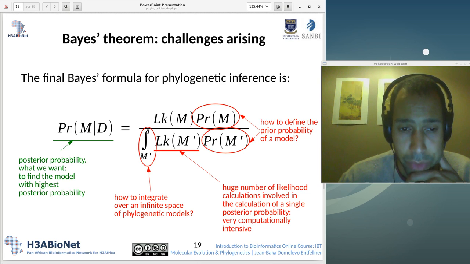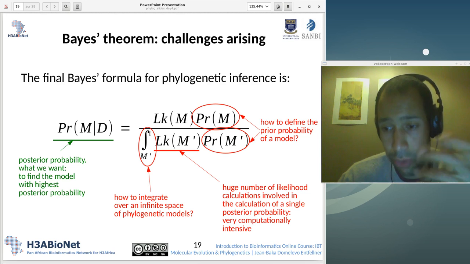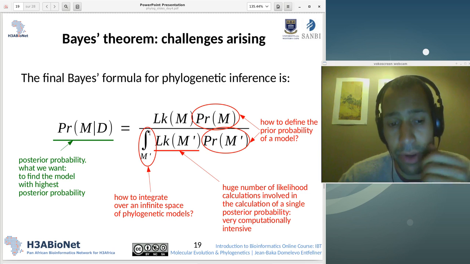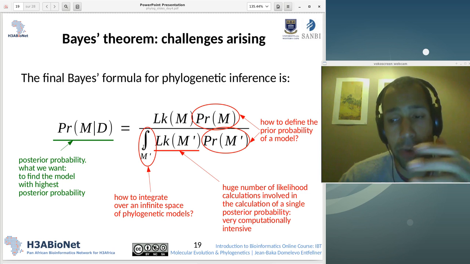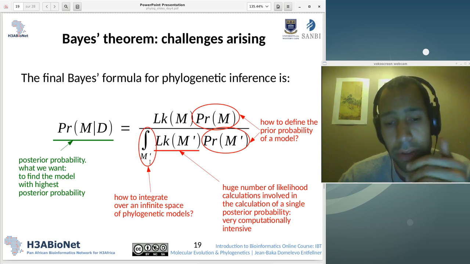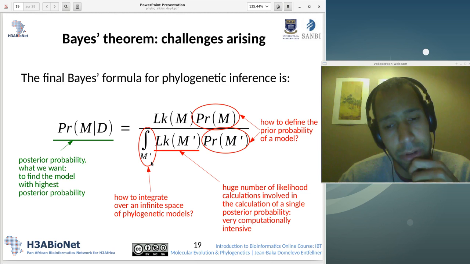So even if we want to approximate this infinite sum with a finite sum, we have to sample our space of phylogenetic models, and we have to make sure that somehow we approximate not too badly, meaning that with a finite sum we try and cover as thoroughly as possible this infinite space of phylogenetic models.